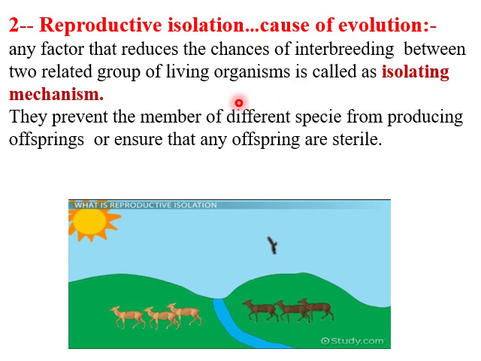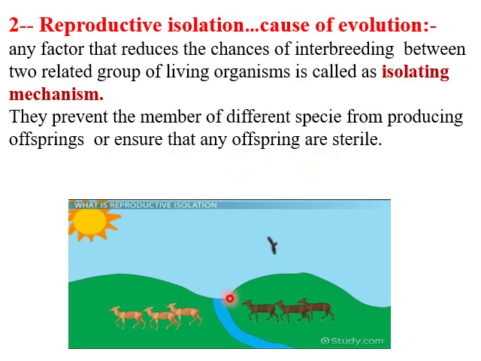Due to this isolation, members of different species can be prevented from producing offspring, or it ensures that any offspring are sterile.